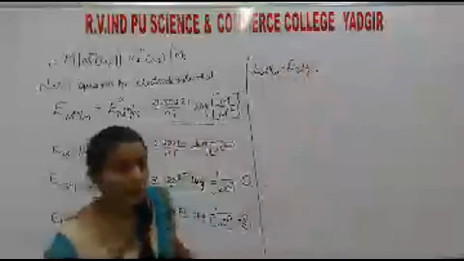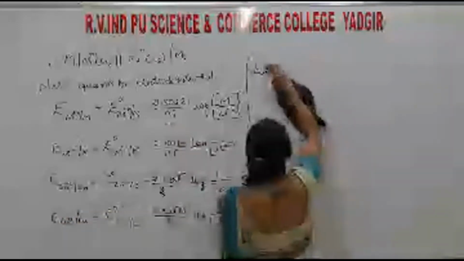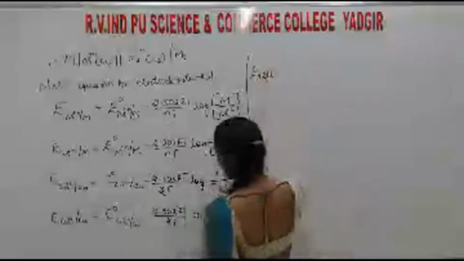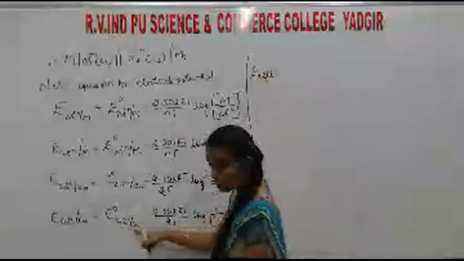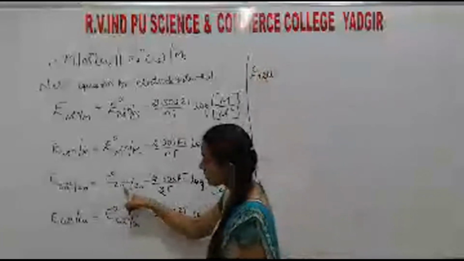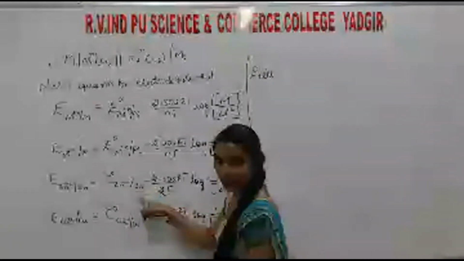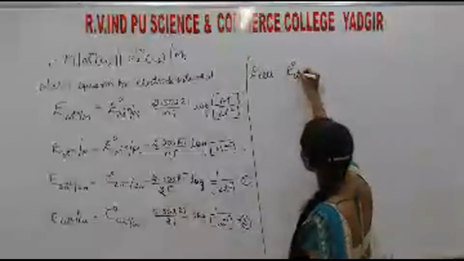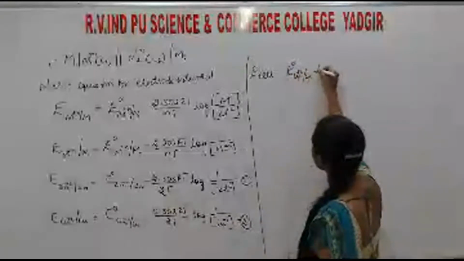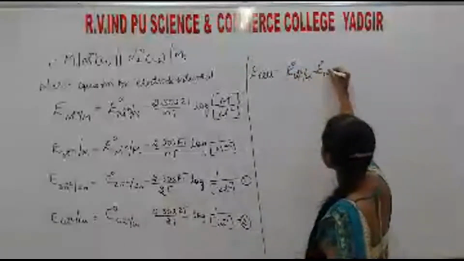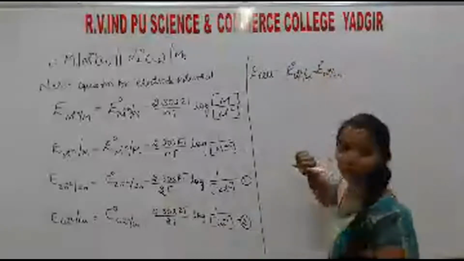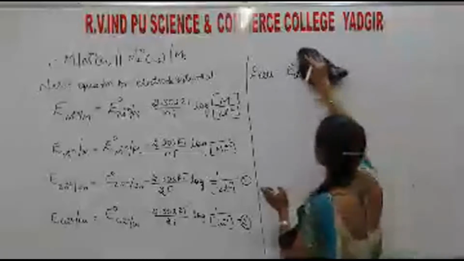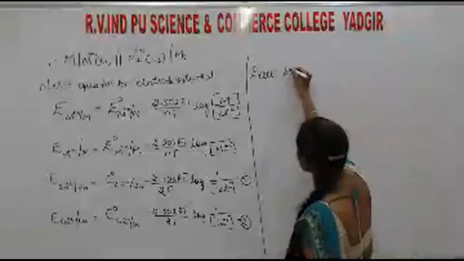Similarly, E naught Cu plus 2 bar Cu minus E naught Zn plus 2 bar Zn becomes E naught cell.